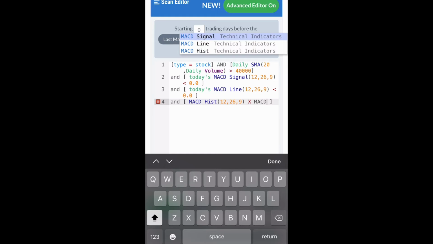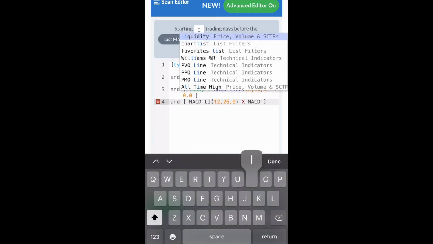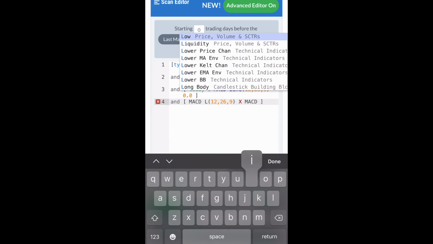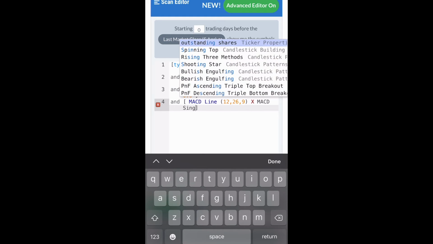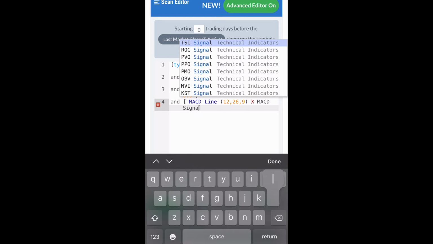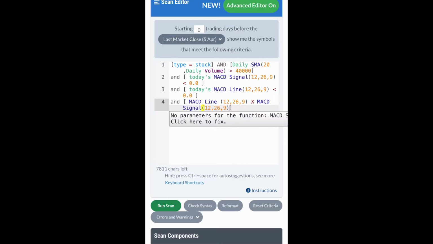So one of my early videos that I showed that. So there we go, MACD line crossing the MACD signal. All right, we're gonna fix that. All right, and so this last part is how we know that the momentum is moving towards an uptrend.